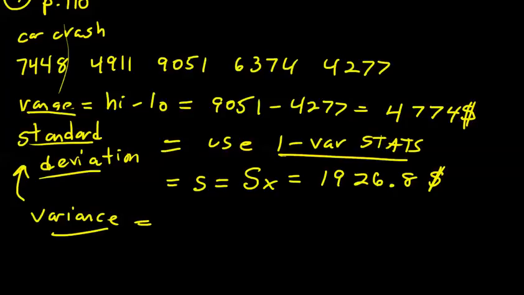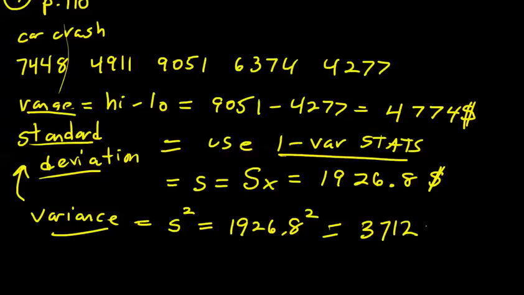All right. Well, the variance is nothing more than the standard deviation squared. Now, again, this is subject to round-off error, and depending on how accurate you are, we'll talk more about that in class. Round-off error. I'm going to square 1926.8. That's in dollars, and I end up with $3,712,558.24.